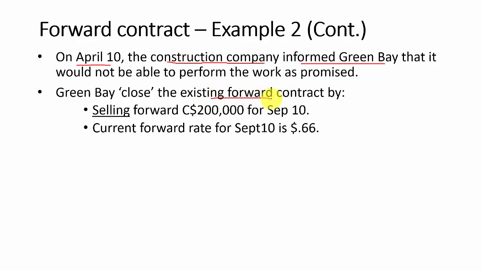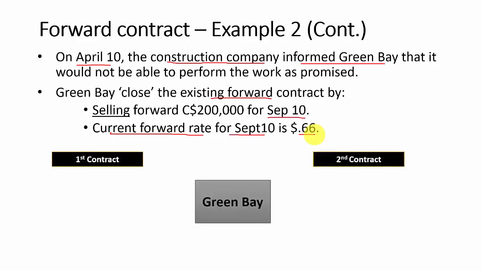How can it do that? It simply sells forward 200,000 Canadian dollars for September 10. And in the market, the forward rate for September 10 now is 0.66. Remember, from the previous slide, the rate is 0.70, right? So the rate changed.